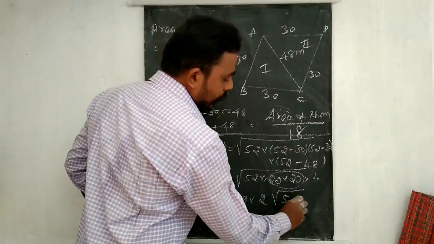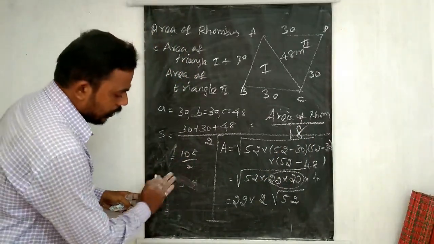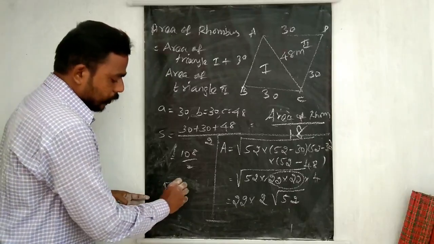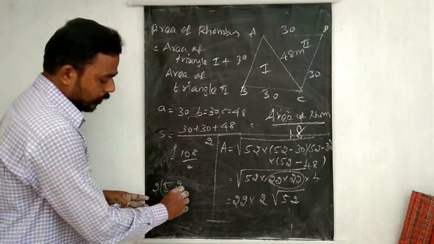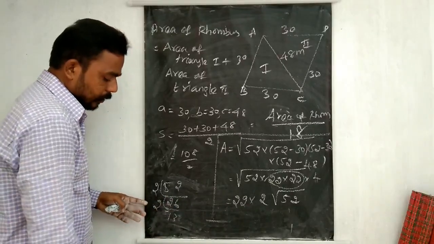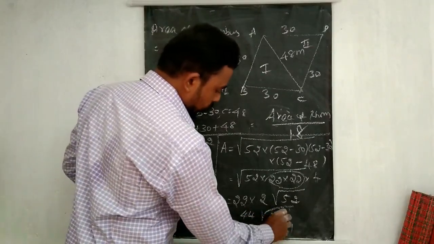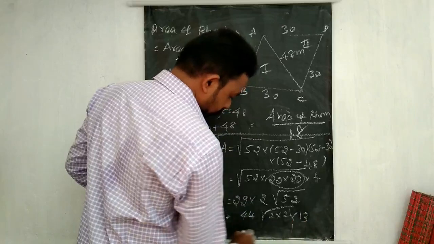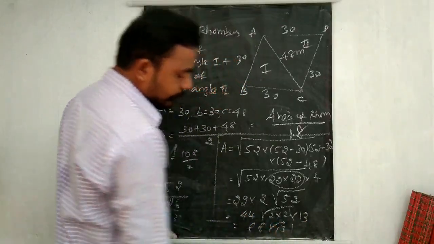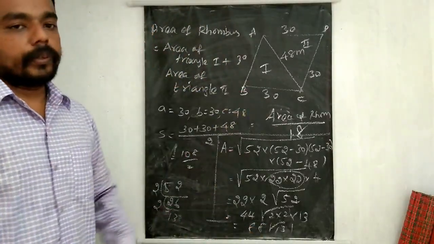Remaining root 52 only. Now split 52 into parts, 2 into 26, once again 2 into 13. So I can write 2 outside, and 88 root 13 is the area of this one.